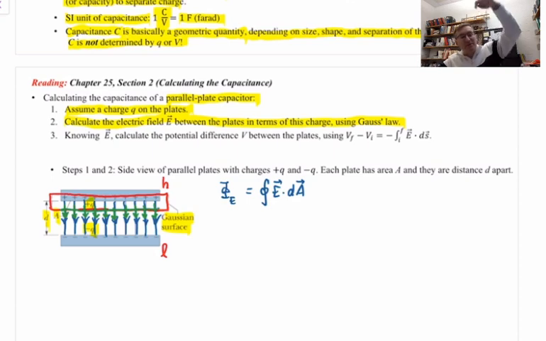The electric field vector is piercing downward, and the dAs on that part of the surface would be downward. So the E and the dA are in the same direction, and the E is uniform. And so this flux integral is just going to reduce to the magnitude of the field times the area A, because that's the area that's pierced by electric field. So that's what the flux formula looks like in this situation.